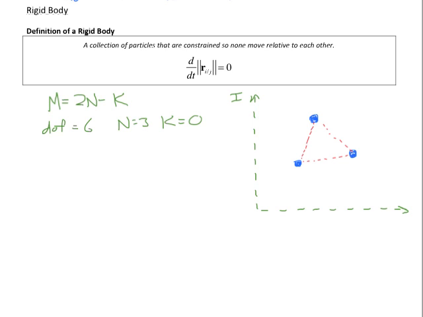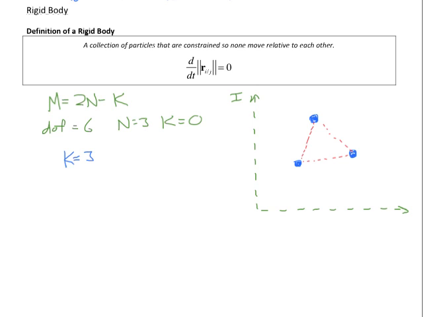So now we apply the mathematical definition of our rigid body to these 3 particles, in saying that the distance between each of these particles isn't going to change at all. And this changes our system to where we have 3 constraints which connect each particle. So now, in a rigid body with 3 particles, k is equal to 3.